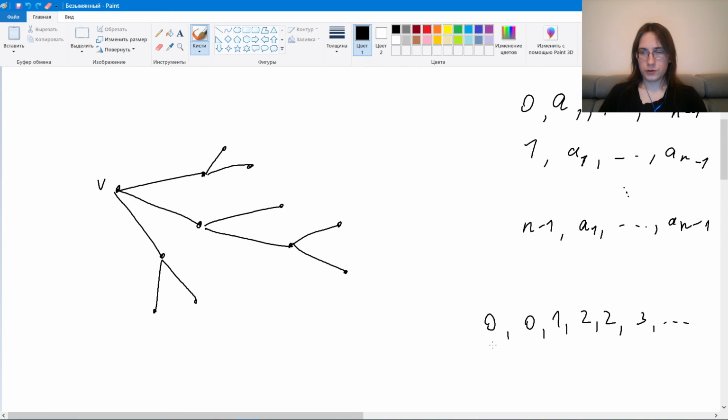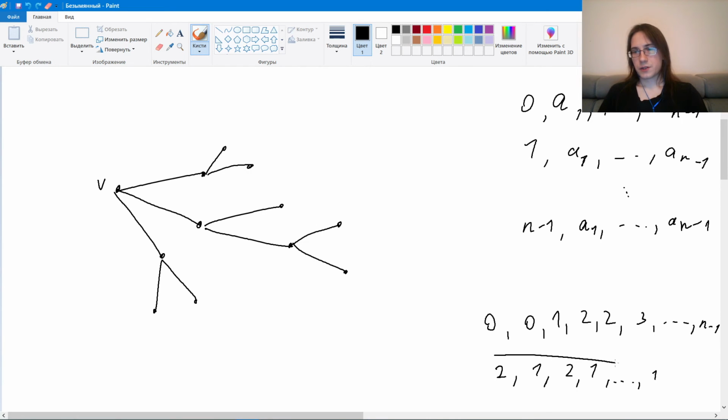Let's first of all store our set as an ordered sequence of frequencies. There will be 2 zeros, 1, 1, 2 twos, 1, 3, and so on. There will be n values here because the largest value we can have is n-1. And there will be, for example, 1 n-1.